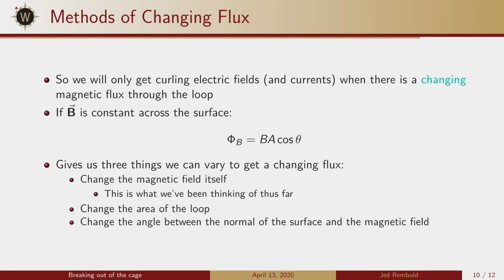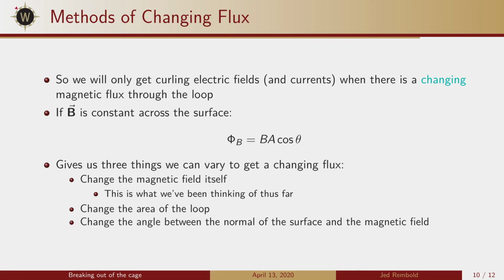If any of those three things change, I'm going to get a changing flux. So if I have a magnetic field that is changing with time, which is the example we've just been looking at, so over time I'm turning up the dial and my magnetic field's getting stronger, that's clearly going to create a changing flux.